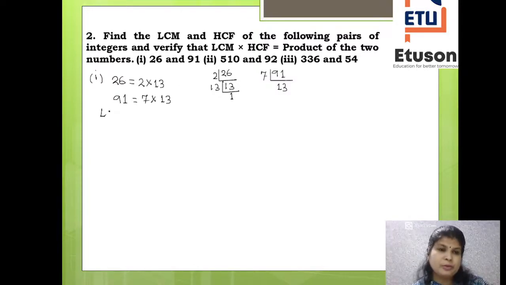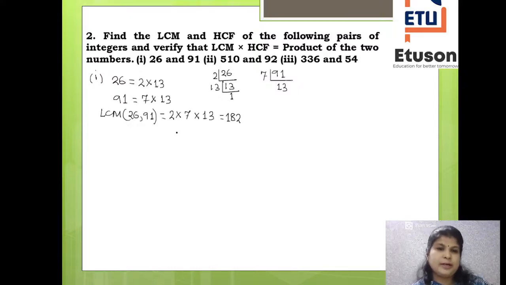So how do you find the LCM of 26 and 91 now? While calculating the lowest common multiple, you have to take the maximum power of each factor. The maximum power here is 1 in all cases, and the factors are 2, 7 and 13. So I write 2 into 7 into 13. 7 into 2 is 14, 14 into 13 is 182.